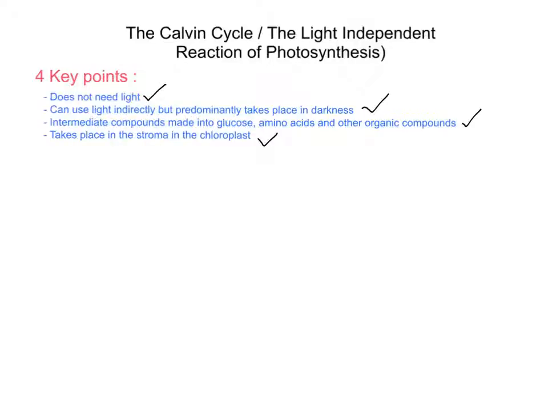Now, for the Calvin cycle, what we're going to do is start with one of those intermediate compounds. We're going to start with a 5-carbon molecule. 3, 4, 5. So I'm just going to draw a 5-carbon molecule there. And what we've got here is one molecule, and it's got 5 carbons. We're just going to make a note. And this is known as ribulose bisphosphate. So I'll just put the name in place here.